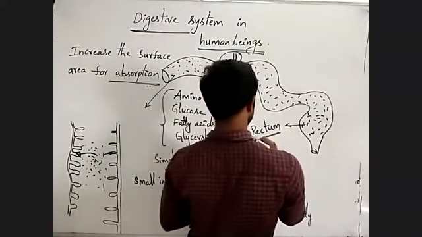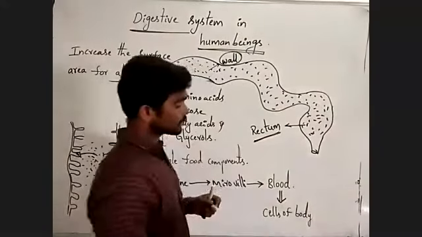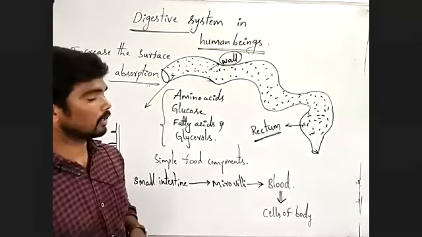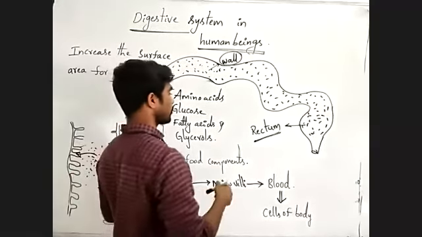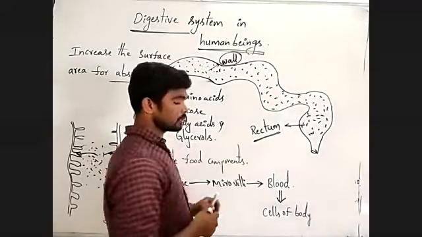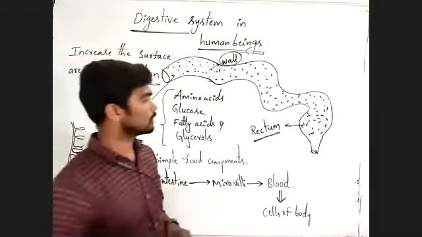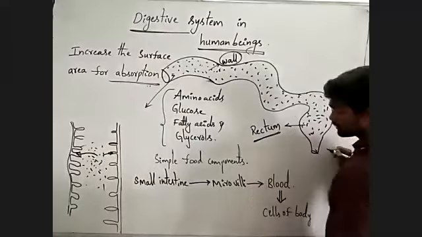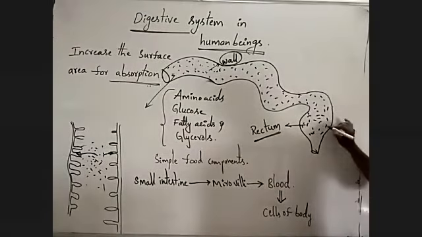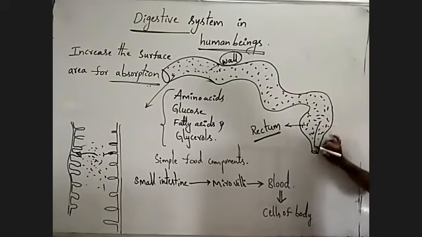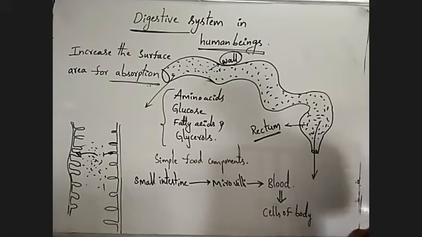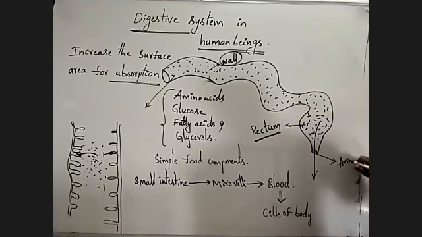Whenever the rectum becomes full, whenever it is filled with the undigested material, then the feces is released out of the organism through the last part of the alimentary canal, that is the anus.